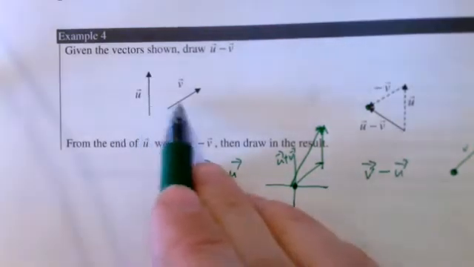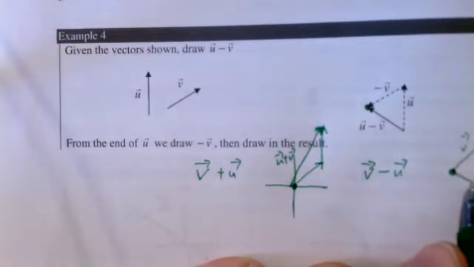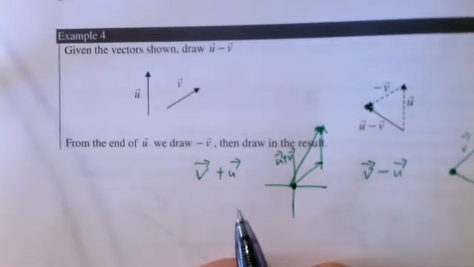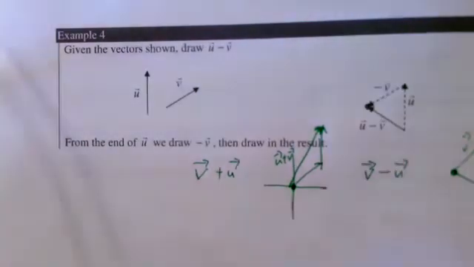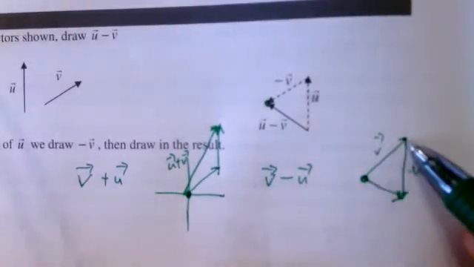Now, I'd have to be really careful about making sure my lengths are exactly right, but I'm not going to go crazy or be crazy picky. So v minus u is actually going to be this kind of direction, something like that. Can you move your paper over? Oh, I'm sorry. So v went up this direction.